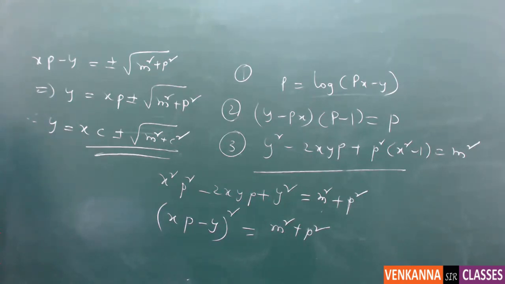Now you can realize how simple it is to get the Clairaut's equation and solve the problem by simply replacing p with c, the differential with a constant c. On the whole, we are just converting the given equation into the required form. That's all. Nothing else we are doing separately. Accepted all?